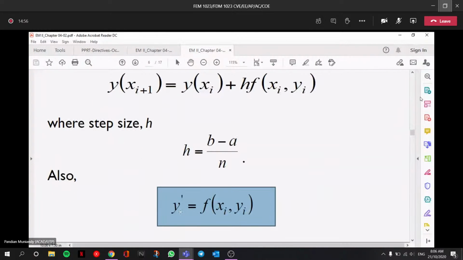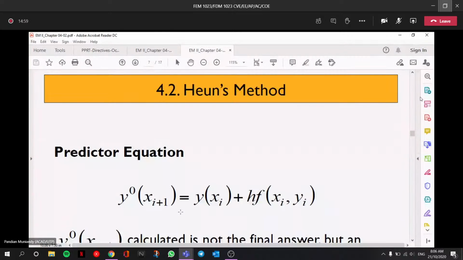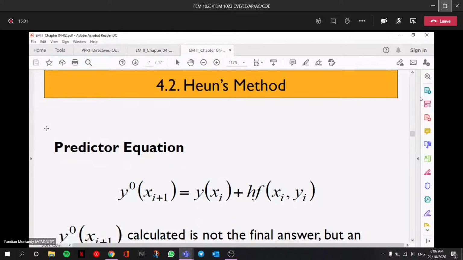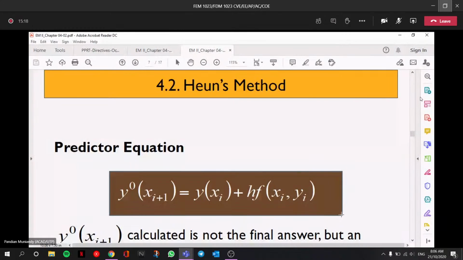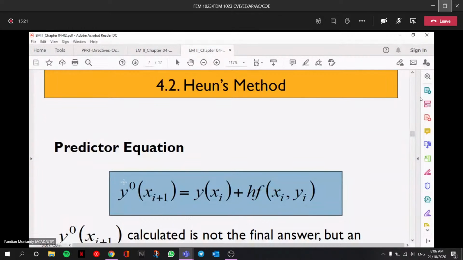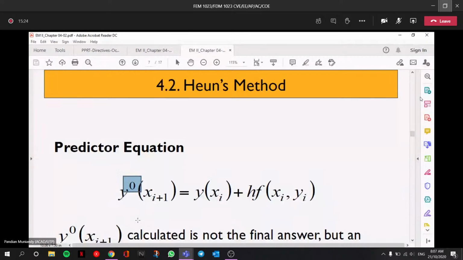Now, Yoon's method: we have the predictor equation. Predictor equation means you estimate, you predict, or you forecast. This predictor actually comes from Euler's method, but we put the superscript 0 on y. This is to indicate that this is the predictor.